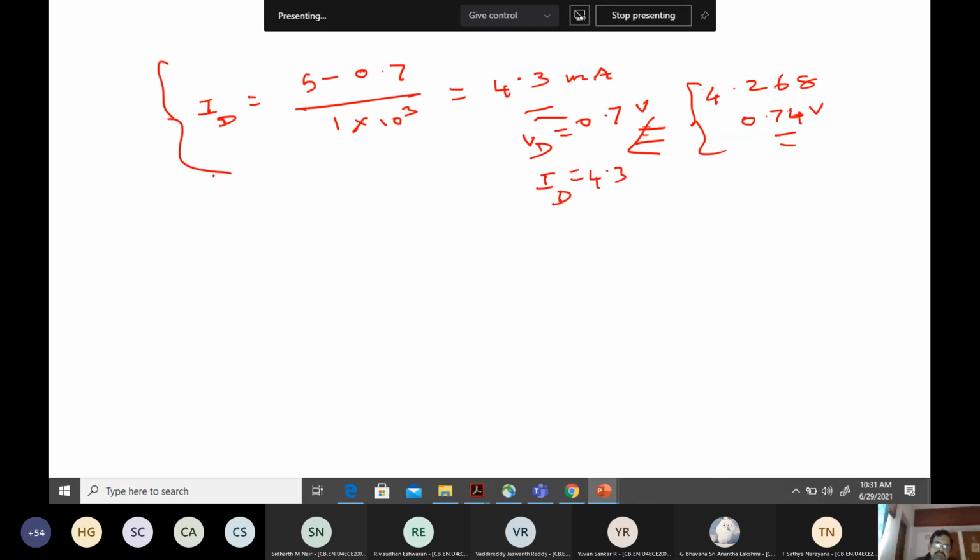So this is the method which is called the constant voltage drop model. By application of the constant voltage drop model, we are able to get the current that flows through the diode in a single step.